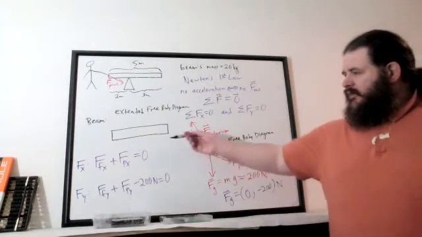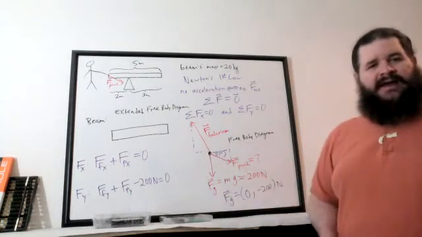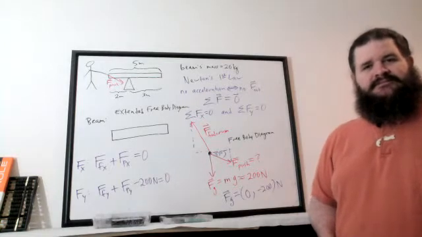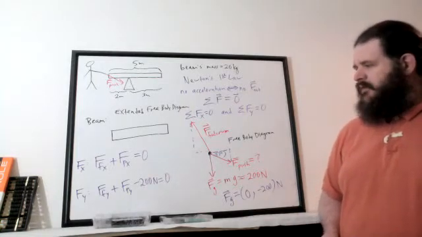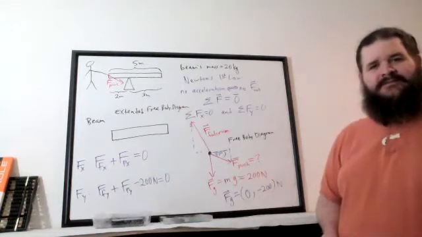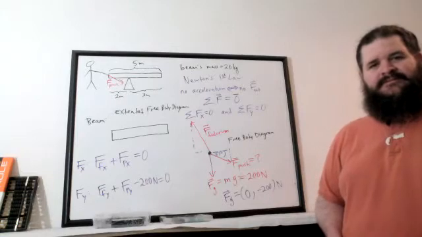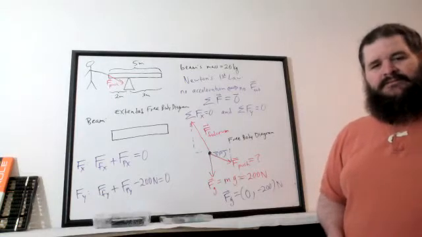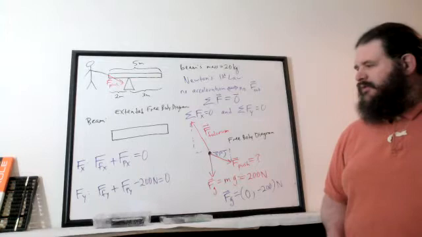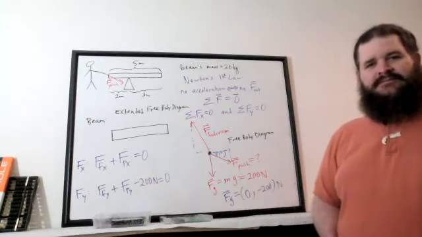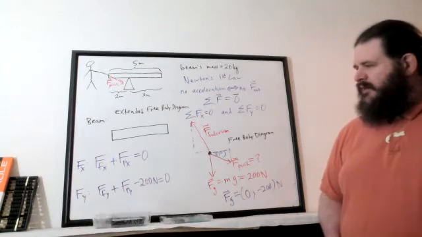At this point, we now have two equations, but how many unknowns do we have? 2. And what are those two unknowns? What variables do we not know here? Well, actually, is it 4? Yeah, it looks like we've actually got 4.